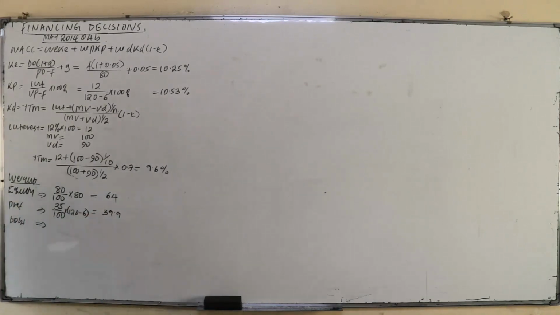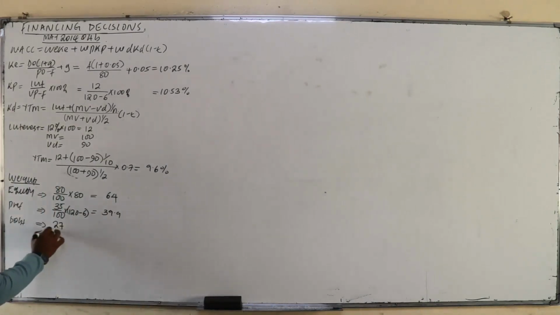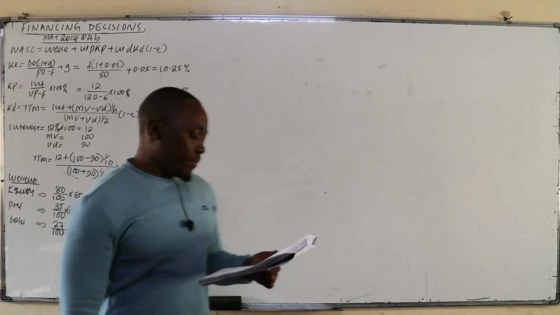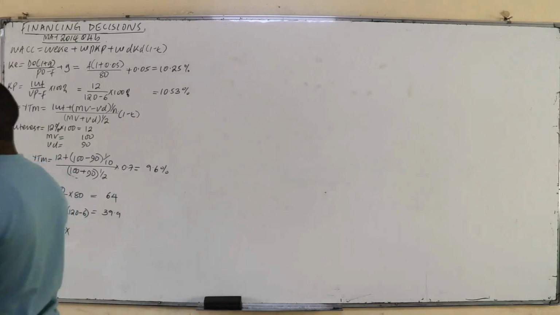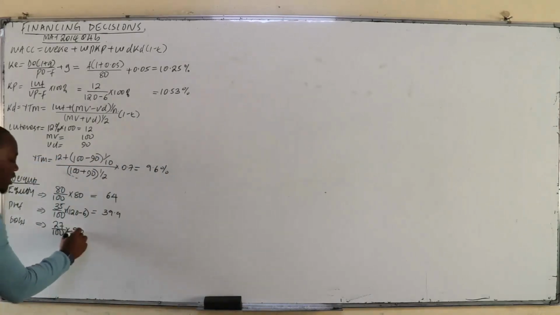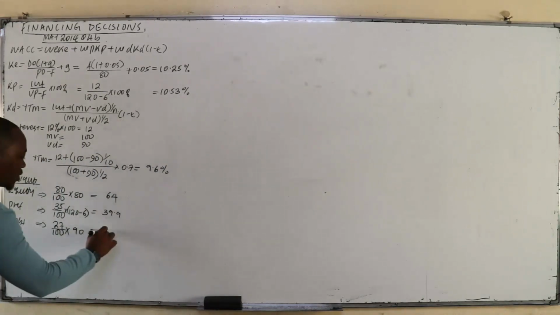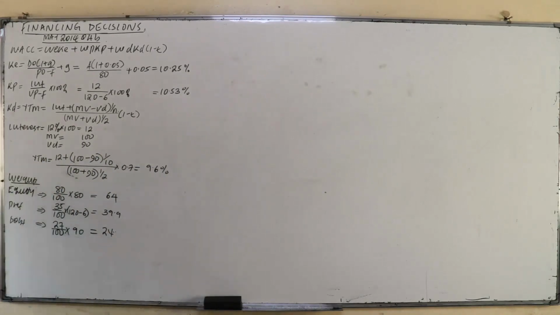Lastly, for the debt, we have debenture. How much is the debenture capital? Yeah, it's 27 million. You divide by the par value, which is 100, for you to get now the number of debentures. Once you get the number of debentures, you multiply them by the current market value of the debenture. Note number 7. The company will sell a 12% debenture with a maturity of 10 years at 90 shillings per debenture, each at 90. You get 24.3.